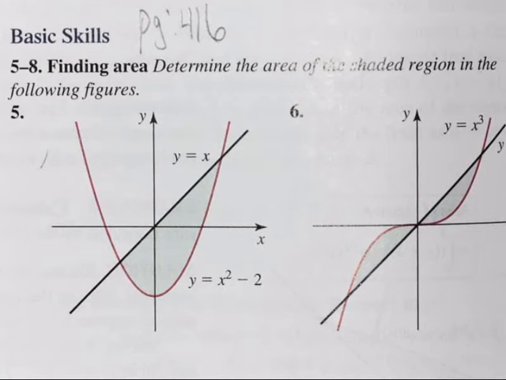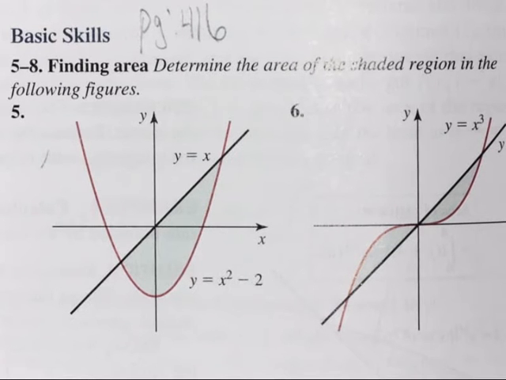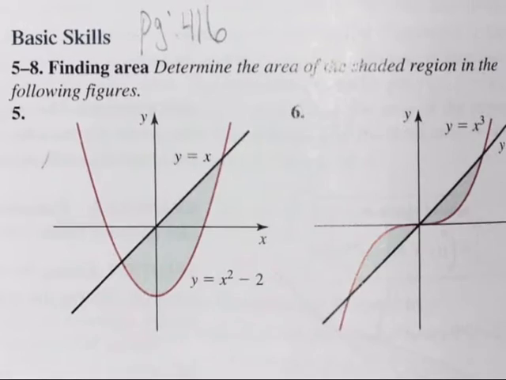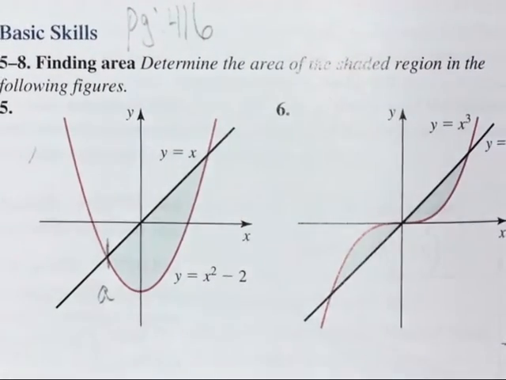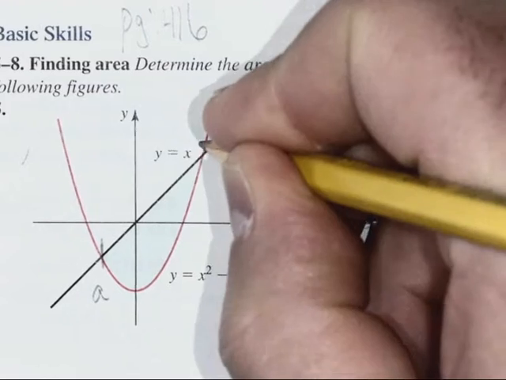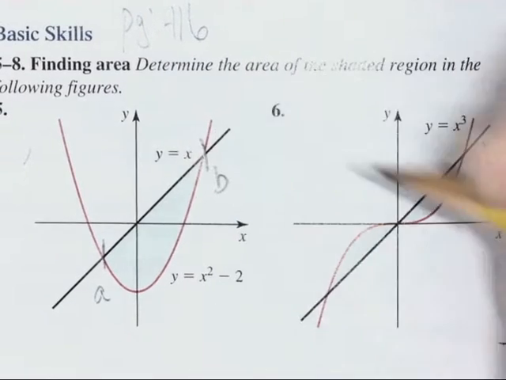So the first thing we need to do is to find what a and b is. So what is the leftmost boundary for the region between the two curves, and what's the rightmost boundary? So basically, this point here is a, and then this point here is b.